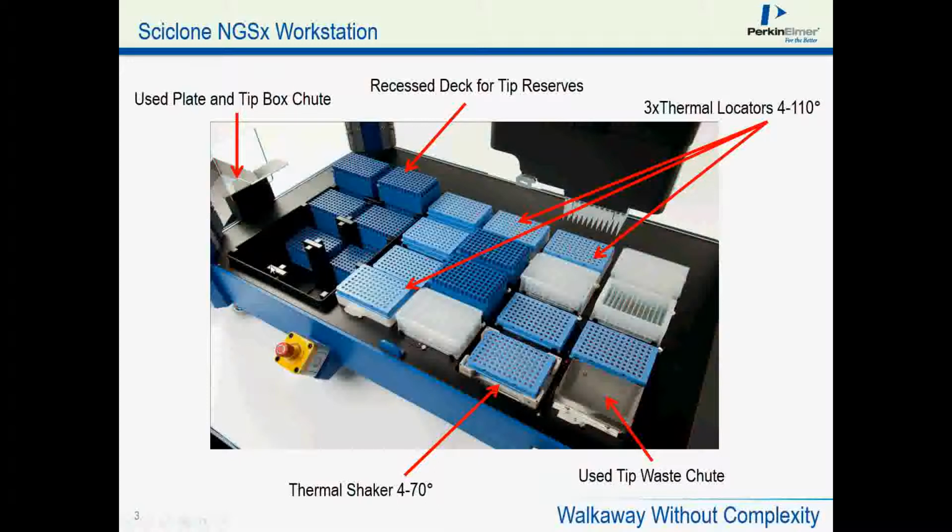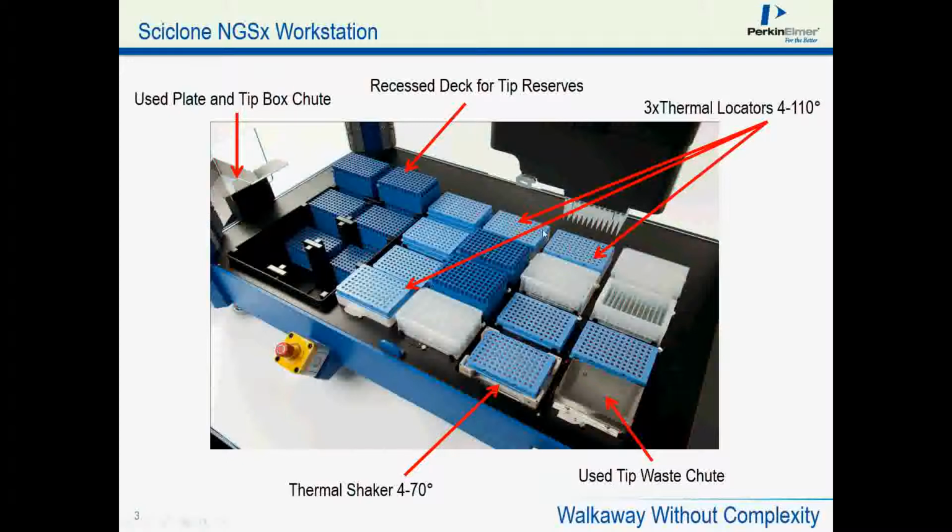In this section, we can hold 24 tip boxes in reserve. The purpose of that is to allow the user more walkaway time. These processes, as we run these chemistries, utilize tip boxes, and we want to make sure that the user doesn't run out of tip boxes during a process and has the most walkaway experience possible.